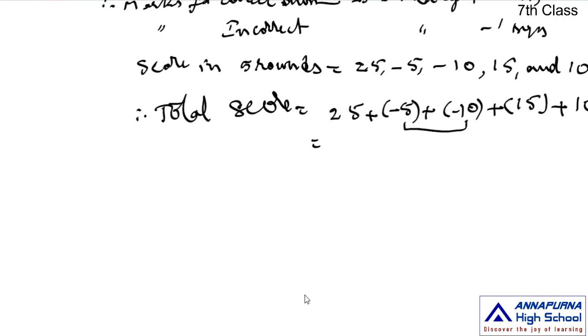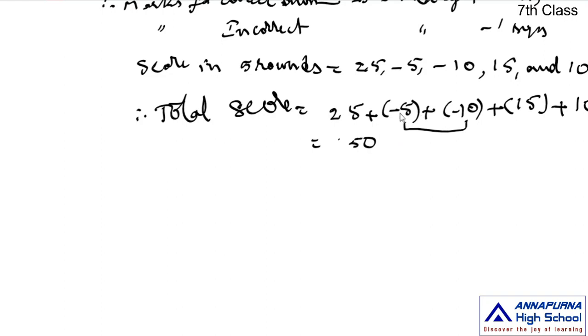So we know that the sum of two negative integers is negative and the sum of three positive integers is positive. Let me add the positive integers first. 25 plus 15 plus 10, which is equal to 25 plus 15, 40, 40 plus 10, 50. Plus 50. Usually we omit the plus sign.